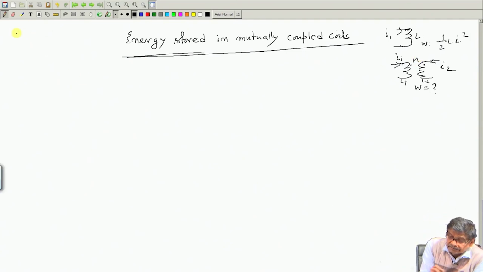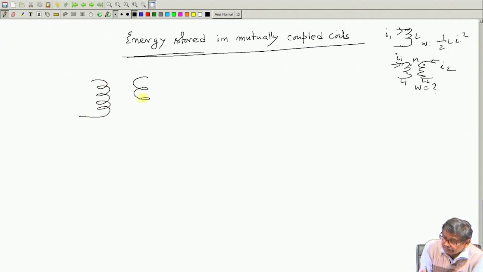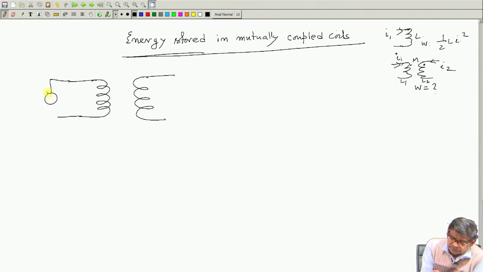Now, we can do this in an interesting way. Suppose these are the two coils, okay? And suppose here I have connected a voltage source V1(t), and let us assume these inductances have no resistance.